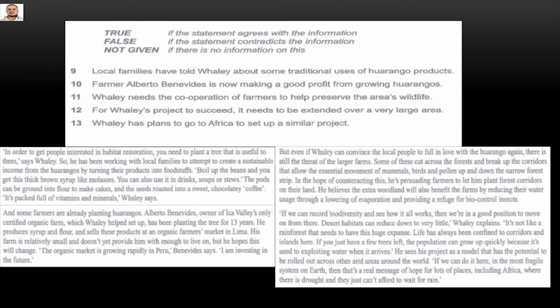Let's see number 12. For Wally's project to succeed, it needs to be extended over a very large area. Let's move on to the other paragraph. If we can record the biodiversity and see how it all works, then we are in a good position to move on from there. Desert habitats can reduce down to very little, Wally explains.